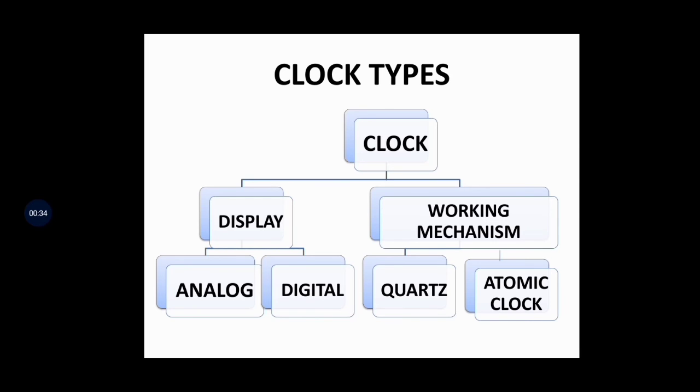First one is the analog clock. Most of our homes are using this analog clock. Inside the clock it is written as 1, 2, 3, 4, 5, what you have seen in the video. And one more is the digital clock, which we are seeing in railway stations, banks, etc. And based on the working mechanism, we have quartz clock and atomic clock.